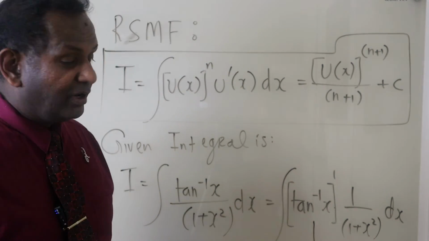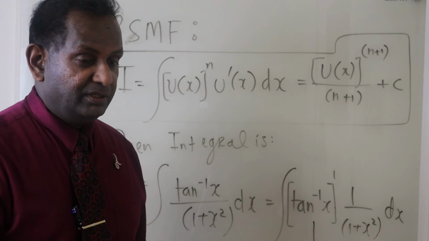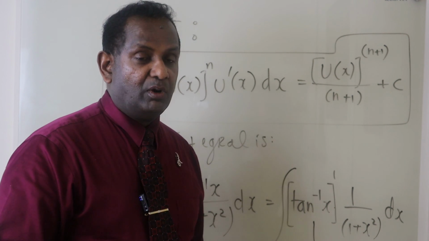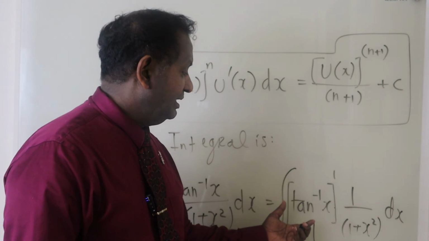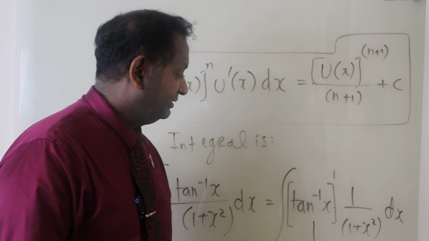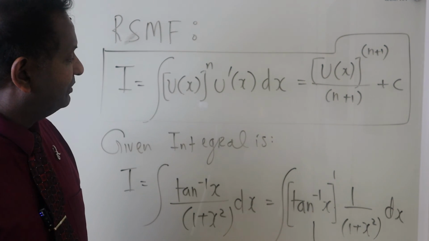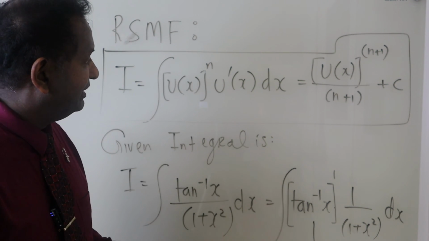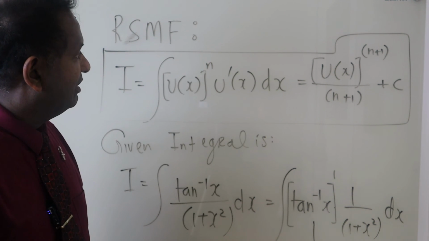Would that be 1 over 1 plus x squared or something else? Yes, everybody who has taken Calc 1, Calc 2 knows that the derivative of tan inverse x is definitely 1 over 1 plus x squared. So see, the inside derivative is right next to it. If that's the case, whatever ux is should be raised to the power of 1.